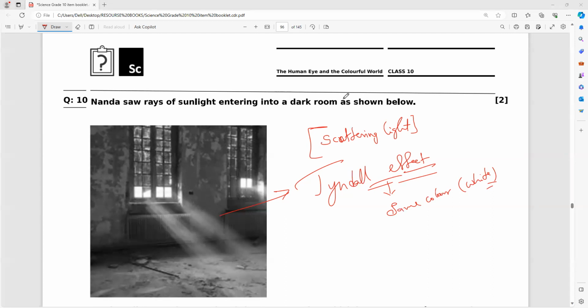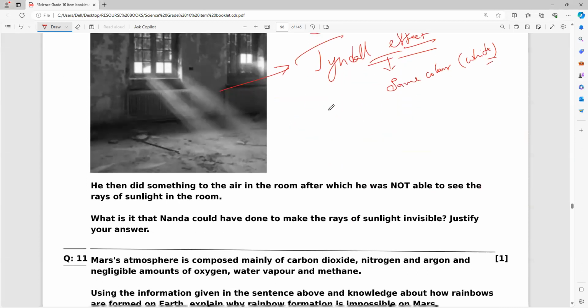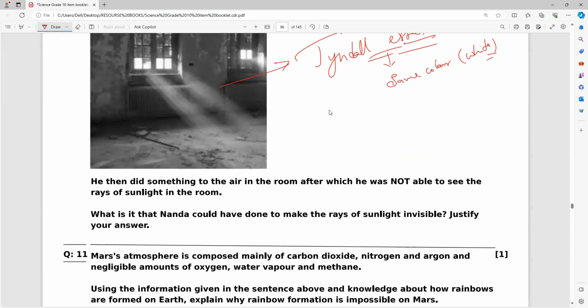Nanda saw rays of sunlight entering a dark room as shown below. He then did something to the air in the room, after which he was not able to see the rays of sunlight. What might he have done? Why does the Tyndall effect happen?